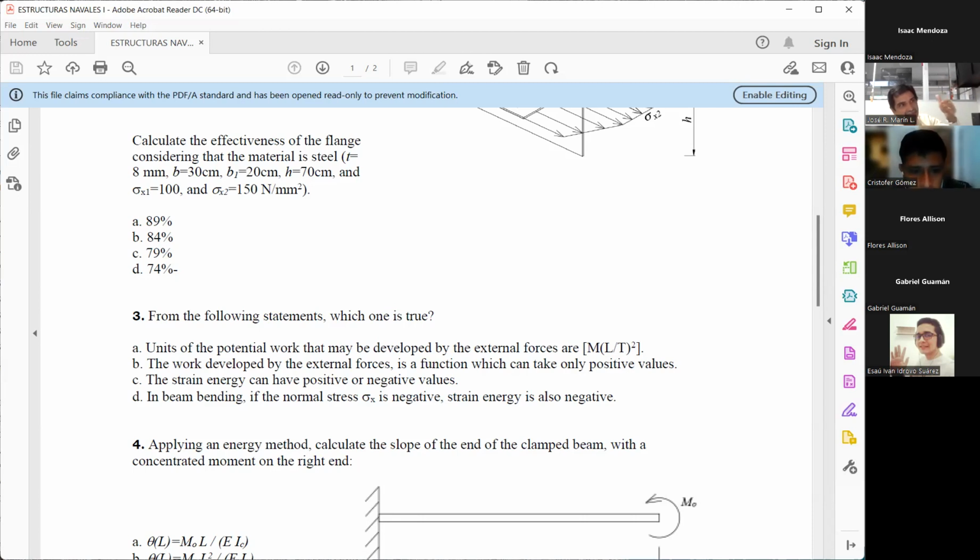It's the Young modulus. Young modulus is always positive. And the inertia, people, inertia is always positive. It's y squared. So when you square something, you get positive. And dA, the differential of an area, is always positive.